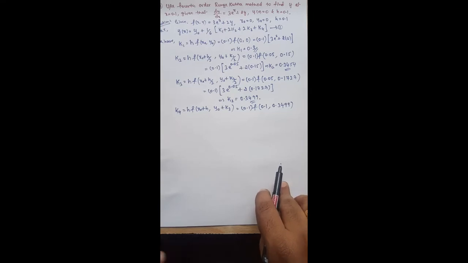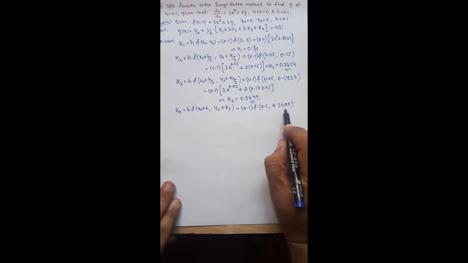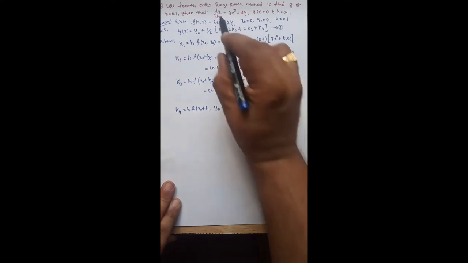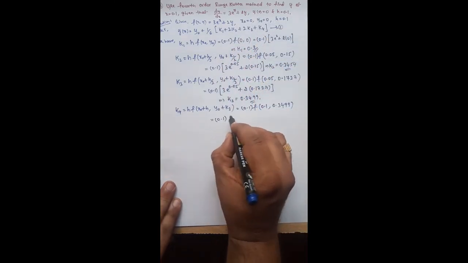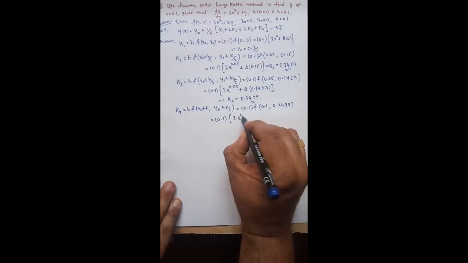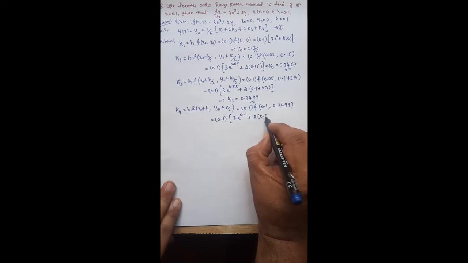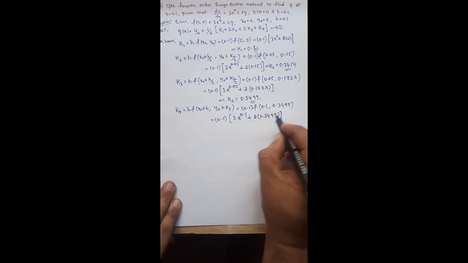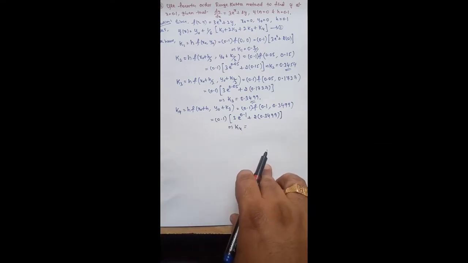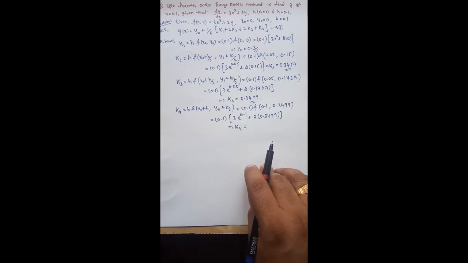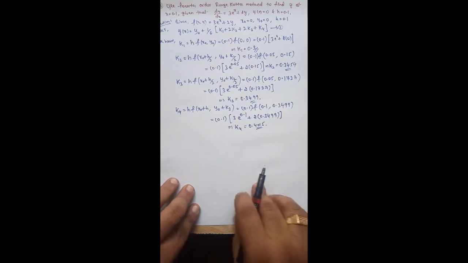Now x becomes 0.1 and y becomes 0.3499. So let us substitute these x and y values in the main relation. We get 0.1 into 3 into e power x, x is 0.1, plus 2 into y, y is 0.3499. So simplify this, we get the value of K4. And K4 is 0.4015. Use your calculators to find this.